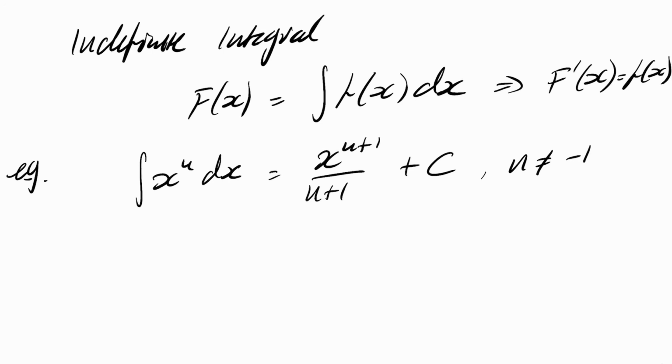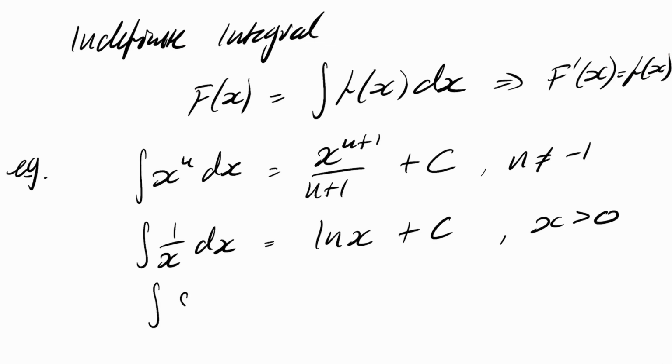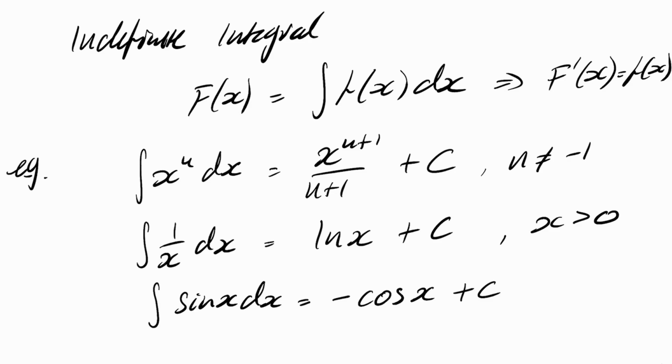In the case of n equals minus 1, the integral of 1 over x dx, I know this is log x because if I differentiate log x plus a constant, I get 1 over x. And this, of course, is for x greater than 0. Similarly, the integral of sine x is equal to minus cosine of x, because if I differentiate cosine, I get minus sine. You should go through a table of integrals and understand where they come from.